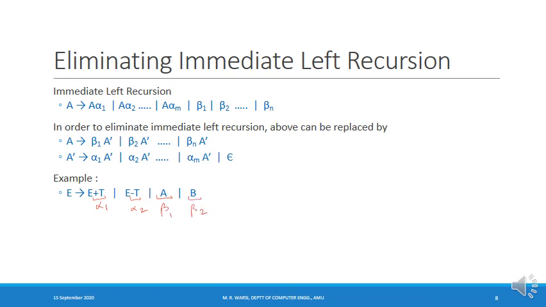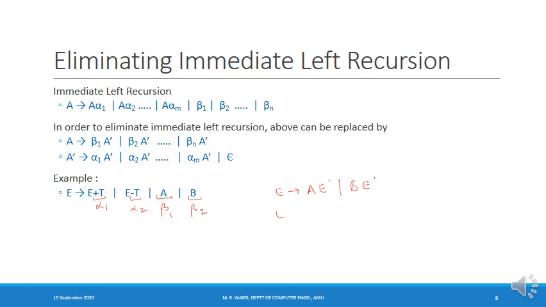Now in order to eliminate the immediate left recursion at two places, I'll rewrite the productions of the grammar in this manner. I have immediate left recursion here, and here. In order to eliminate them, I will rewrite the productions according to this pattern, and the productions become capital E derives beta 1 which is capital A, and I have to introduce a new variable, let me call it E dash. Similarly, beta 2 which is capital B and E dash.